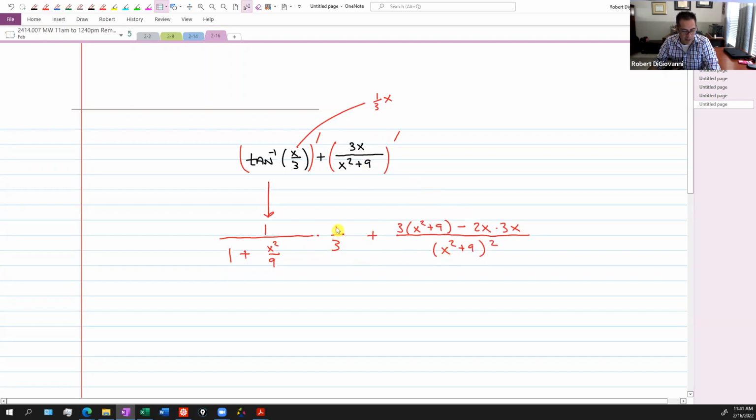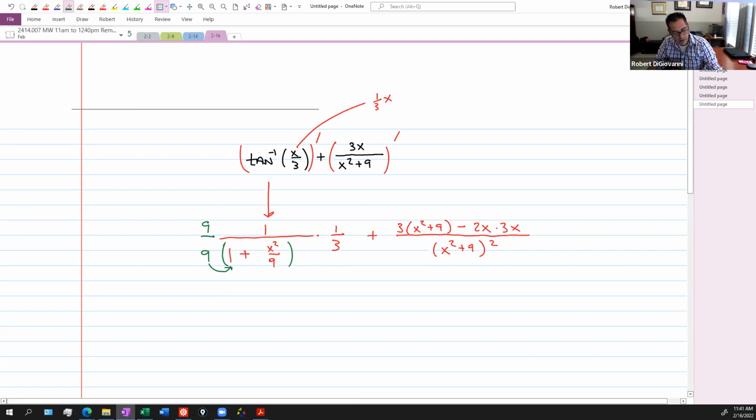All right, let me go ahead and take this. What do I want to do with this 1/3? I don't even know yet. I'm going to combine these two together. And no, you know what? I'm going to do something very unnatural, but I know where I'm headed with this. I'm going to multiply the top and bottom here by 9. When I do that, I have to distribute it through there.